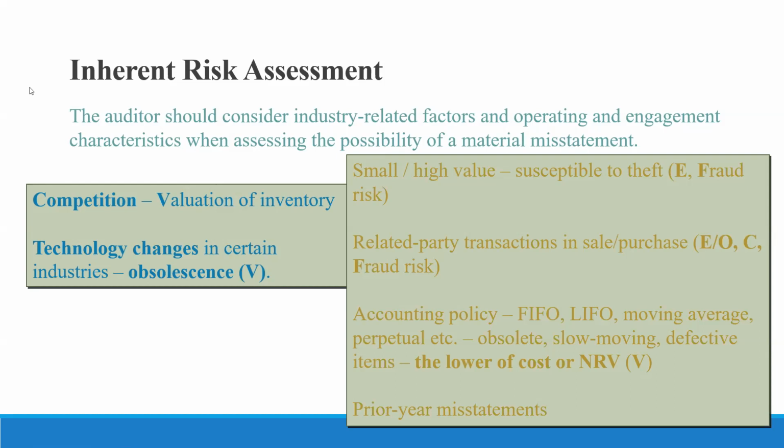We talked about how inventory is very complex. Why? Because the accounting treatment for inventory tends to be complex. For example, in the inventory recording system, people could use FIFO, LIFO, moving average, or the perpetual inventory, right?